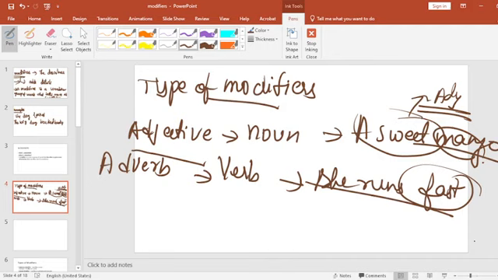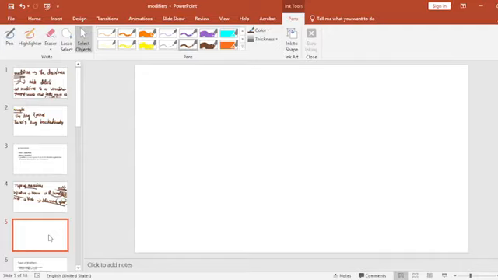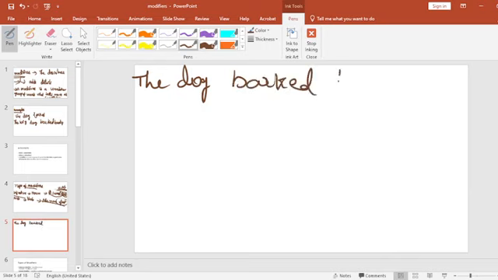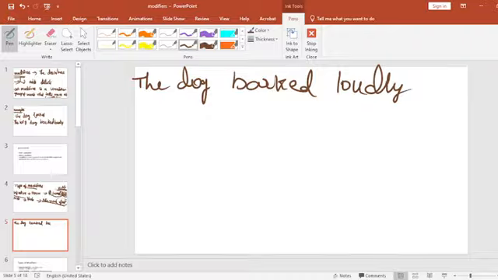Now in the previous example, the big dog barked loudly. We have two types of modifiers.